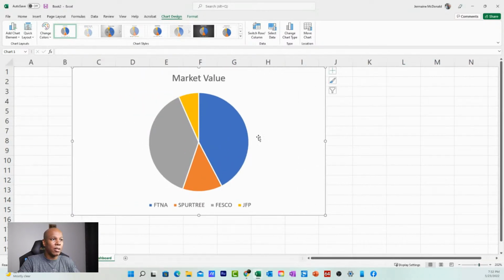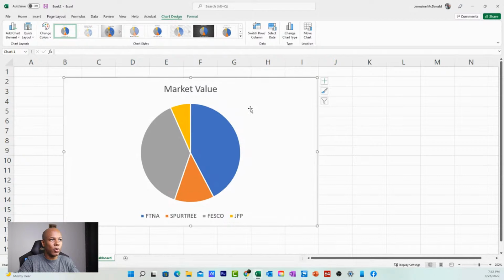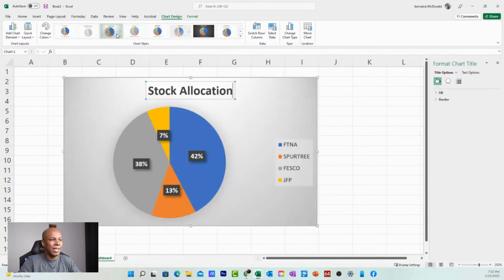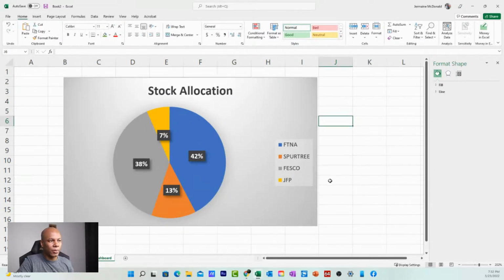So this is the chart for my portfolio, right? Well, I can rename this because this is really showing me the allocation, right? Because I can use this now to show percentages, right? So this would be the allocation of my portfolio, right?